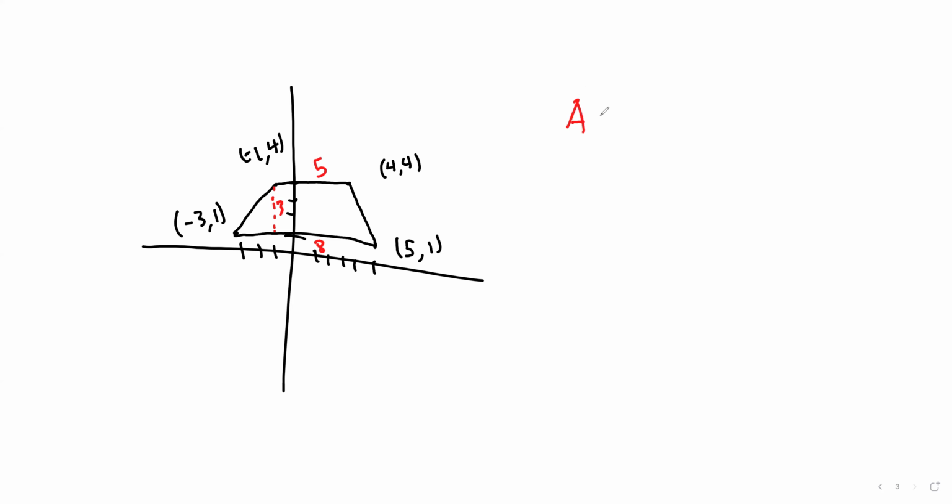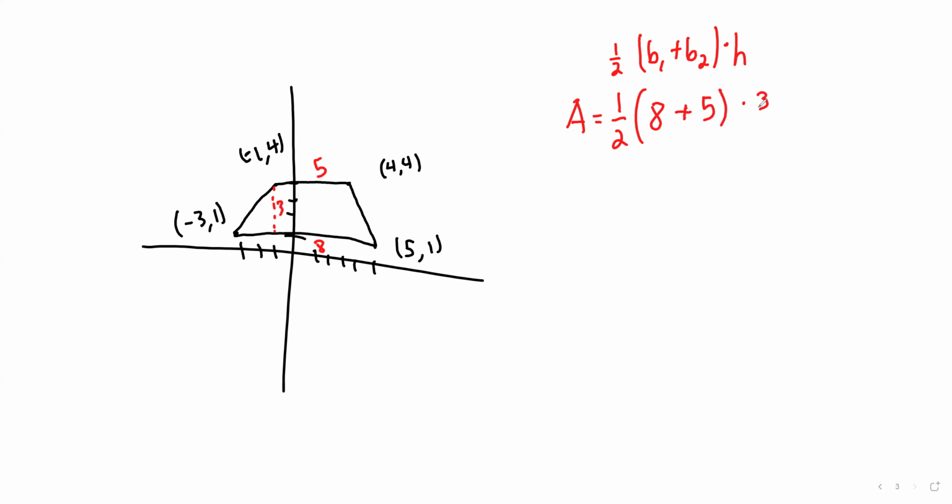So to find the area, I use my formula, 1/2. So I'll write the formula right above it. It's not the equal sign. 1/2 b1 plus b2 times the height. And yes, I'm just implying the multiply there. Base 1, so I'm now going to fill it in. Base 1 is 8. Base 2 is 5.